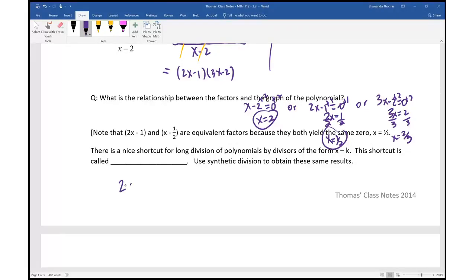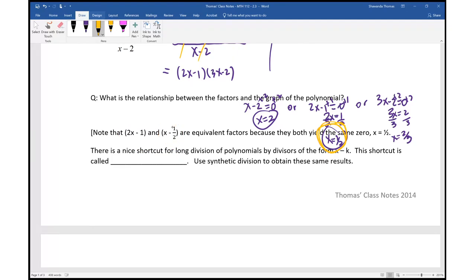So, for example, if we set x minus 1/2 to 0, you normally don't see fractions like that as a factor, but you can solve that by getting rid of the fraction, multiplying both sides by that denominator, right? And then you will see it's equivalent to 2x minus 1 equals 0. They yield the same zero, 1/2, right here. So they are equivalent factors, although it's conventional not to write a factor out with fractions.